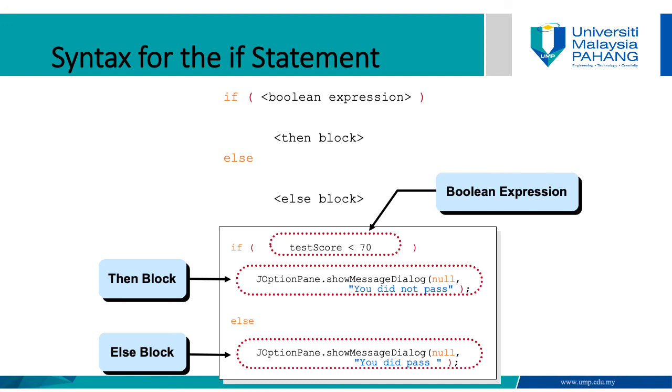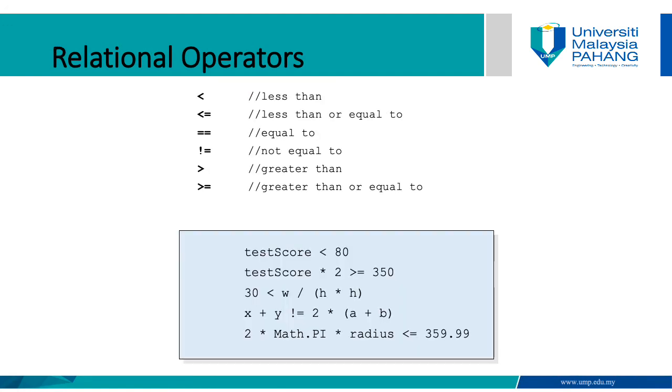Okay, for example, here is an example of a simple if statement. If the test score is less than 70, you will print out a value of you did not pass, else you did pass. Okay, this is an example of a simple if statement. So in an if statement, you can use several operators.